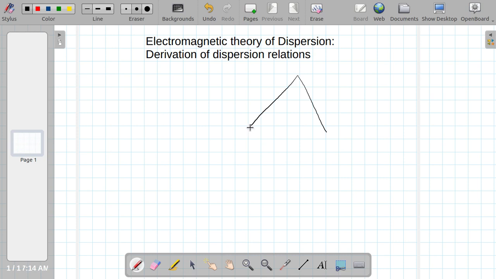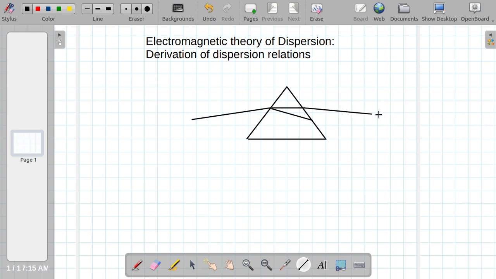So, consider a prism. If white light is made to be incident on it, then it gets deviated from its path, and it will deviate in this manner, and it will split into different colors.